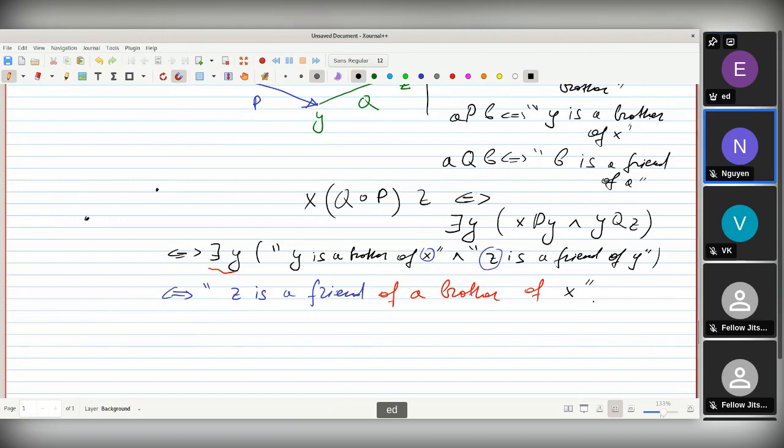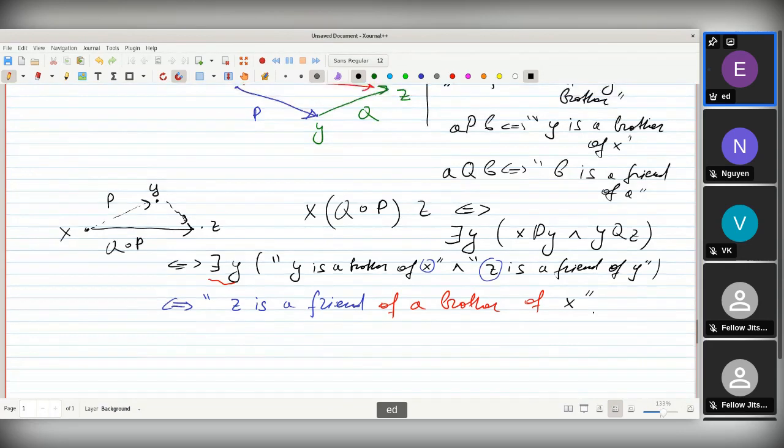Yes. So there is some Z, not specified otherwise, who is a friend of a brother of X.